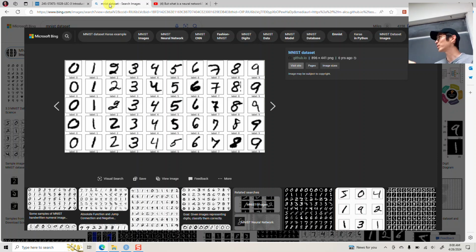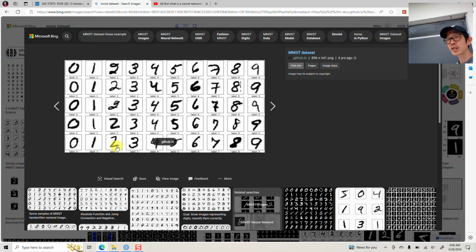The problem, of course, is that everyone's handwriting is a little bit different, and our brains are able to look at these things and recognize that these are all the number 2, even though they all look very different. So somebody had to go through, scan all of these, crop them down, and center the image.